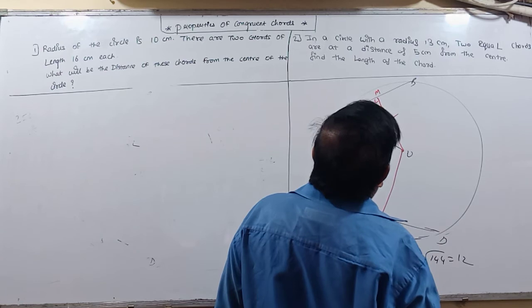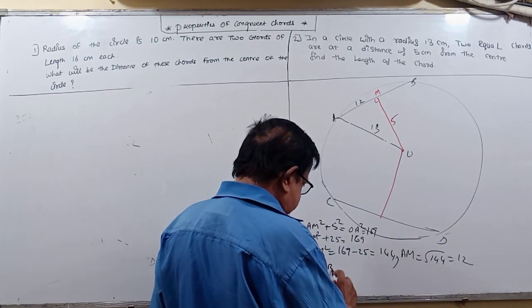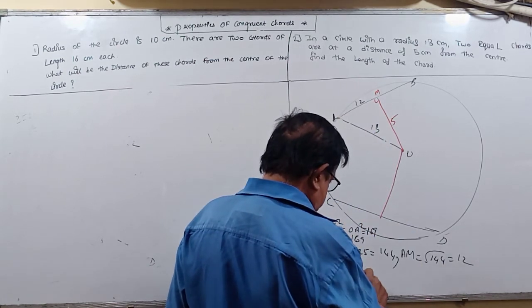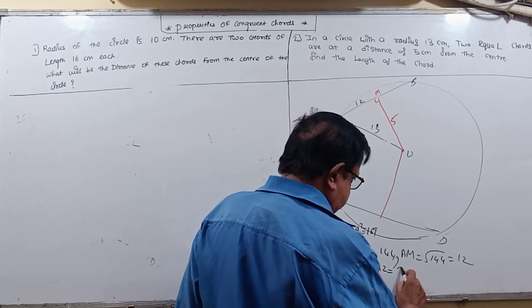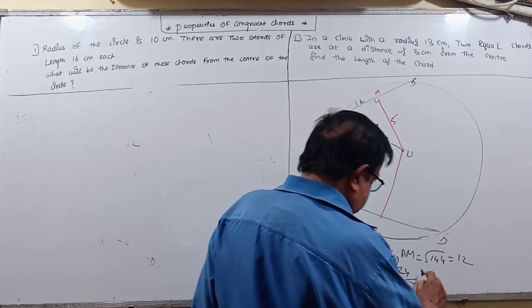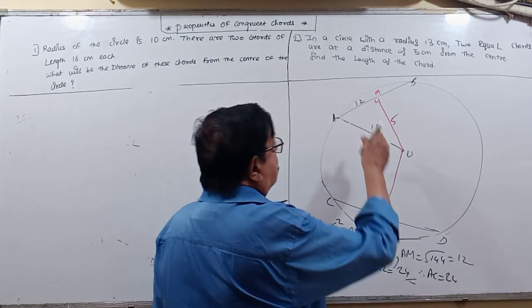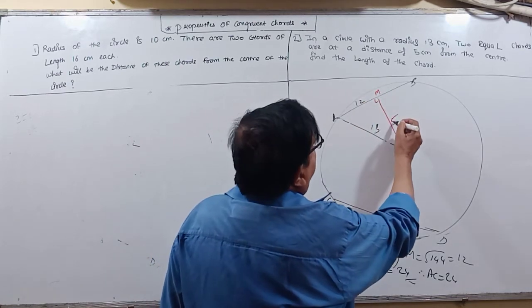Therefore AB is equal to double of this. Twice AM equal to 2 times 12 equal to 24. We got AB as 24. Therefore CD is also 24, because equal chords are equidistant from the center.